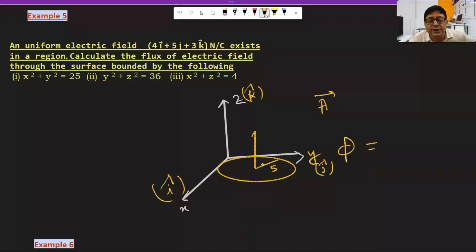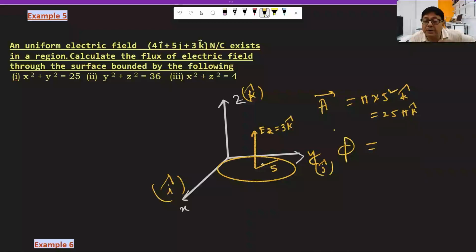So the field Ez equals 3k, lying along the z axis. Area is pi r square, that is pi into 5 square, also lying along z axis, so it is 25 pi k cap.